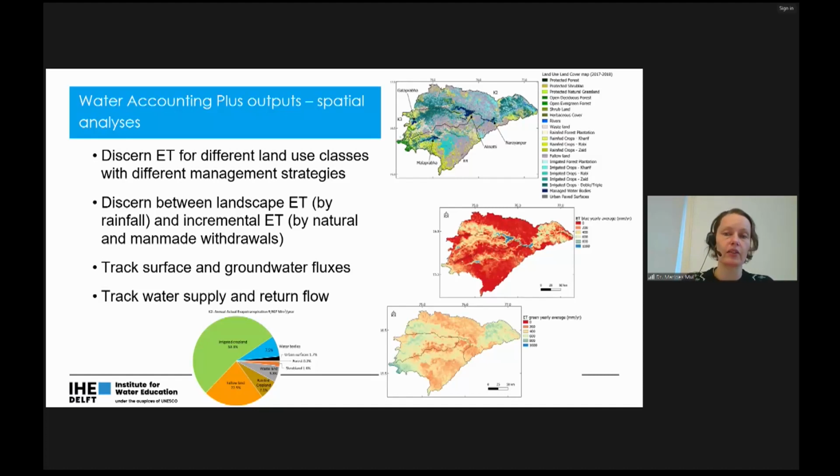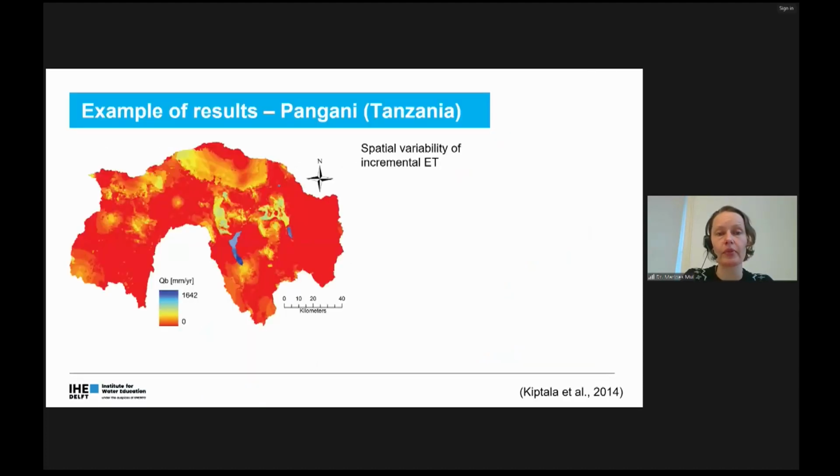So you can get all these kinds of spatial maps and analyze them per land use class. You can see in the circle diagram that the irrigated cropland accounts in this particular area for almost 50% of the evapotranspiration in the area. So we can provide these kinds of spatial maps.